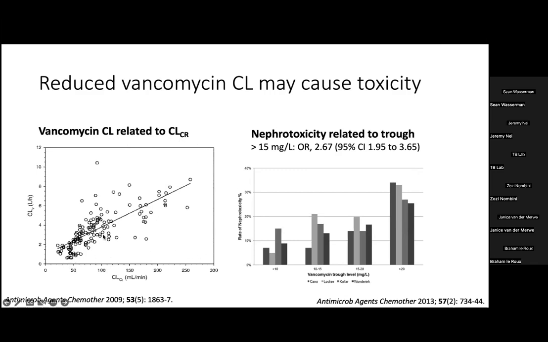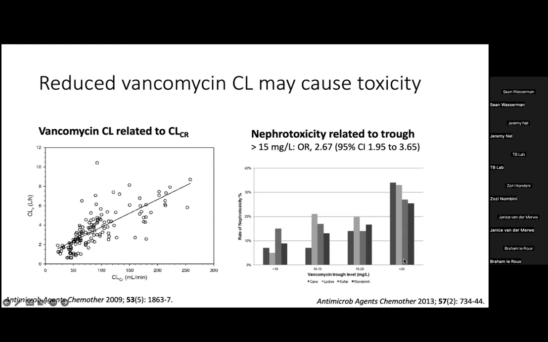As creatinine clearance goes down, so does vancomycin clearance. And multiple studies, all observational, have shown that nephrotoxicity is related to trough concentration. So clearly there's a relationship between creatinine clearance, vancomycin clearance, exposure, and toxicity.